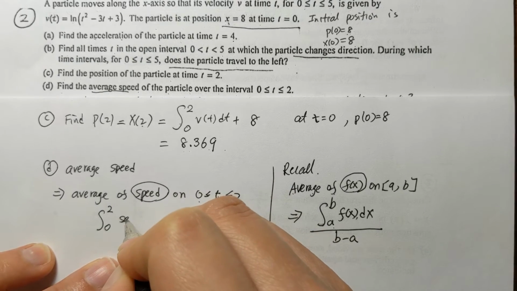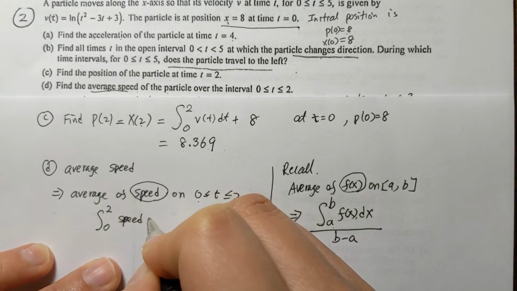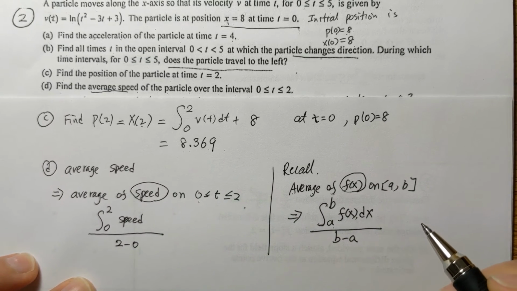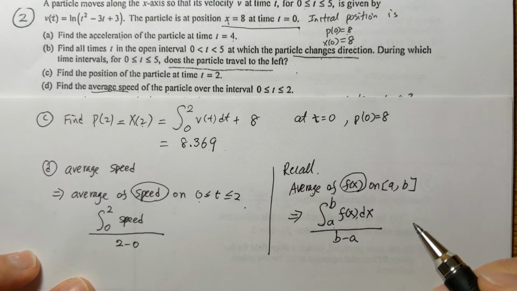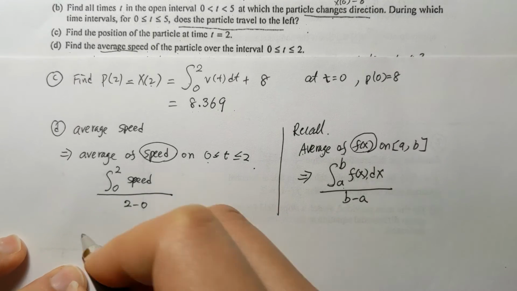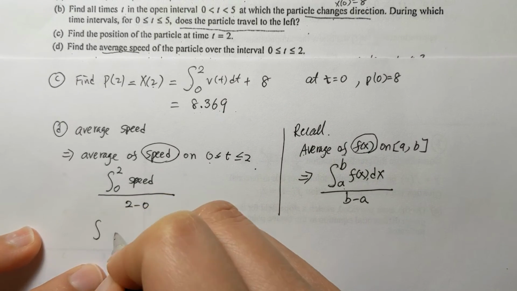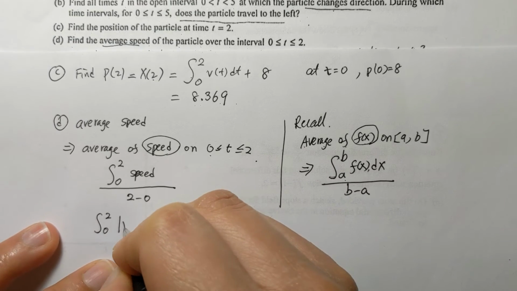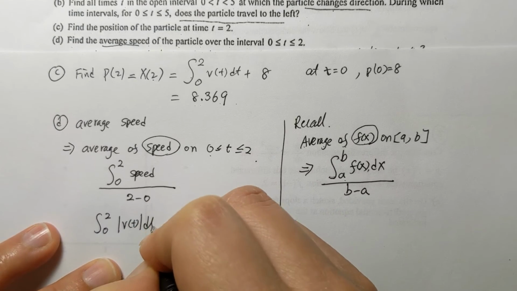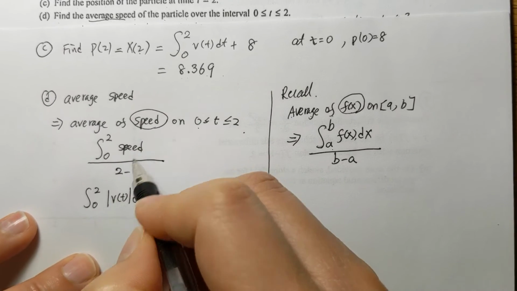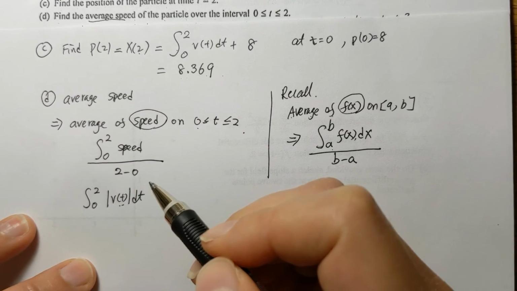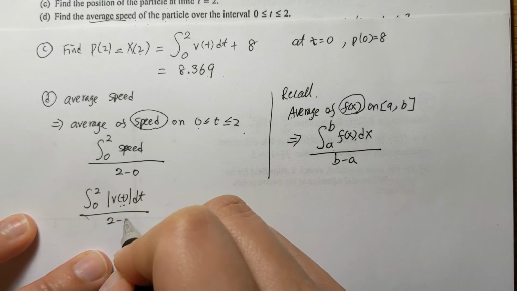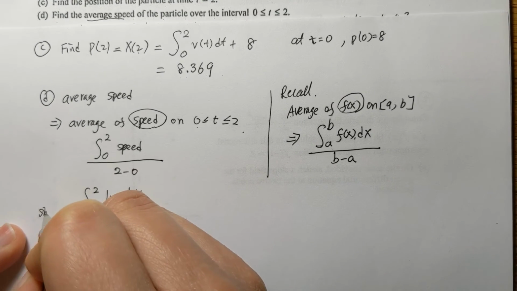You put speed in here, and then 2 minus 0. What function is the speed function? We reviewed that before. So that means the integral from 0 to 2 of the absolute value of v of t dt. Speed is the absolute value of v of t, and then divide by 2 minus 0. So you just show this part.